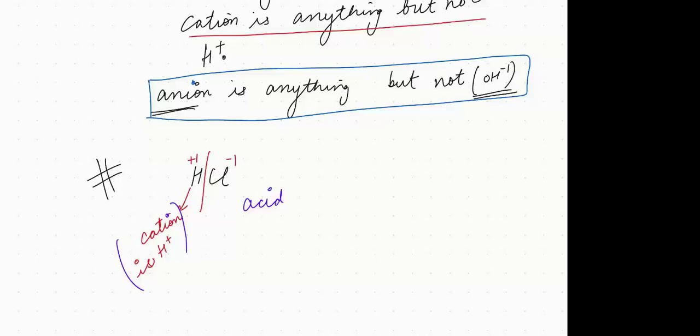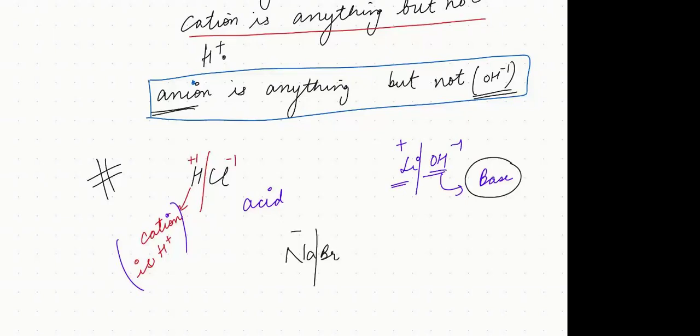If I say LiOH, you break it down again. You say that cation is Li plus, anion is OH negative. If anion is OH negative, that is definitely a base. But if I say NaBr, you break it down: cation is Na plus, Br is negative 1.